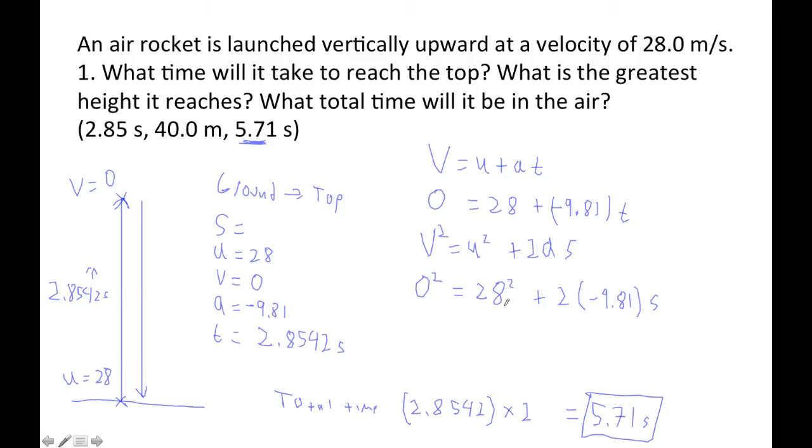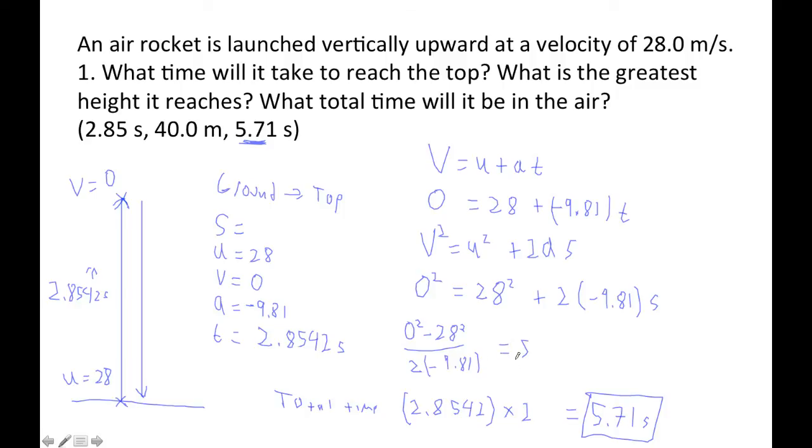If we solve this, we end up with 0 squared minus 28 squared, divided by 2 times negative 9.81, and that equals s.